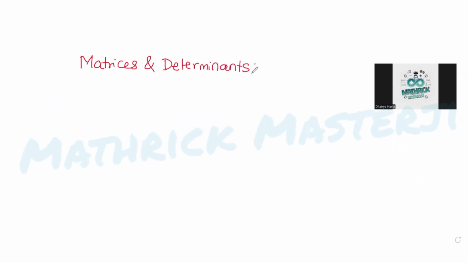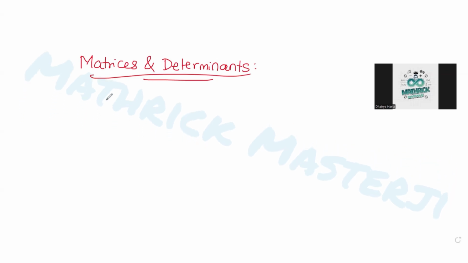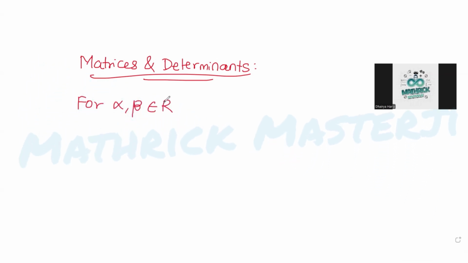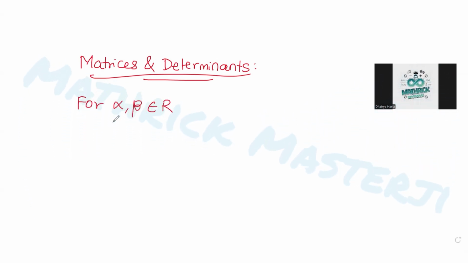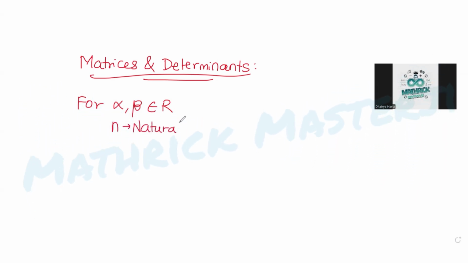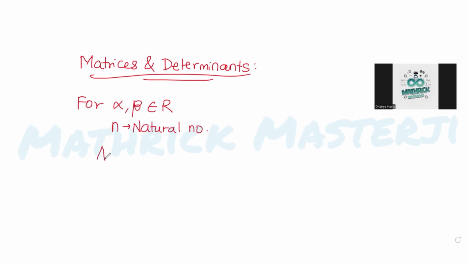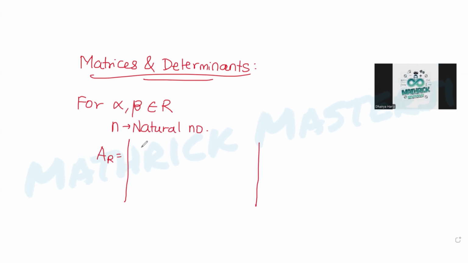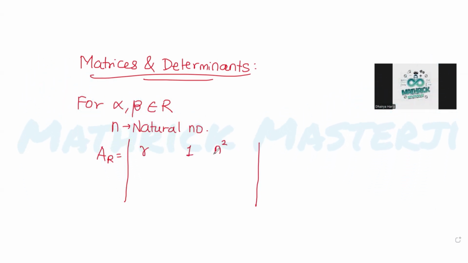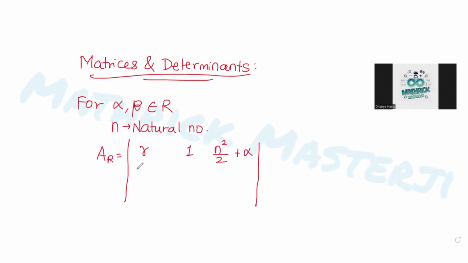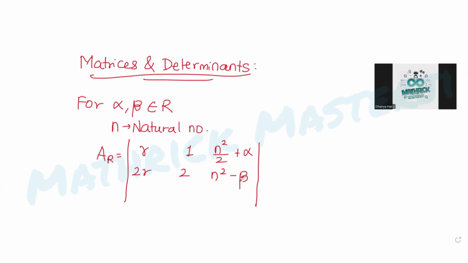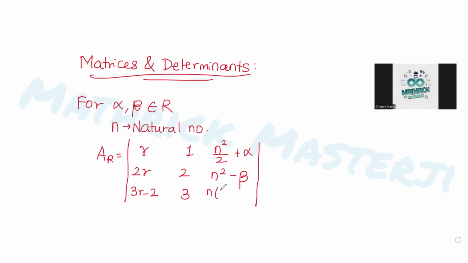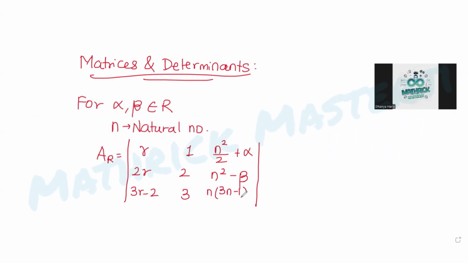It says: for alpha and beta belonging to the real numbers R, and n a natural number, let A_r define the determinant of a 3 cross 3 matrix whose first row is 1, n square over 2 plus alpha, 2r, second row is 2, n square minus beta, and the third row has 3r minus 2, 3 and n times 3n minus 1 over 2.